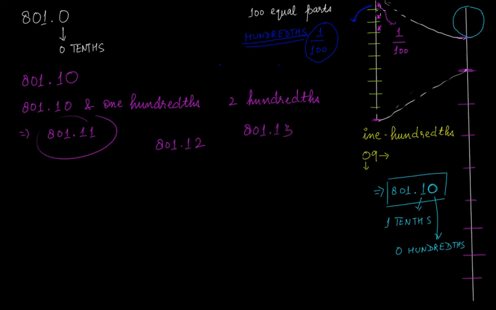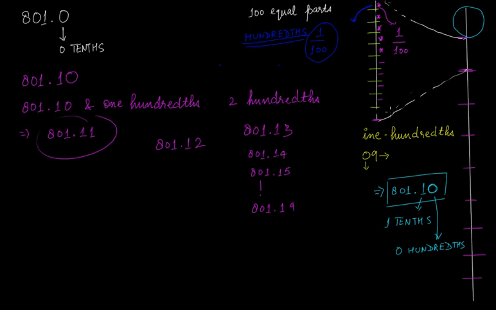Similarly, if you are given this fourth one also, you will be now having 801.14. That is, you are having 400ths. This one, then 801.15. That is the 500ths. Similarly, for 6, 7, 8 and 9th, as you reach here 801.19, that is, you are having 900ths.